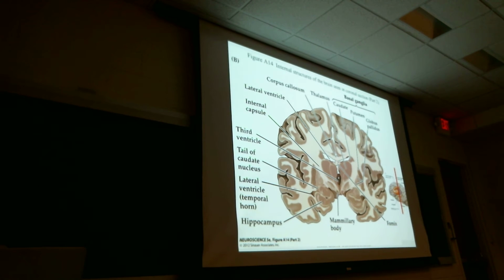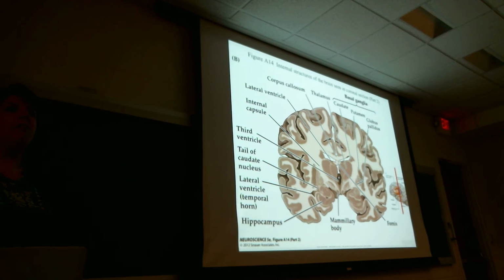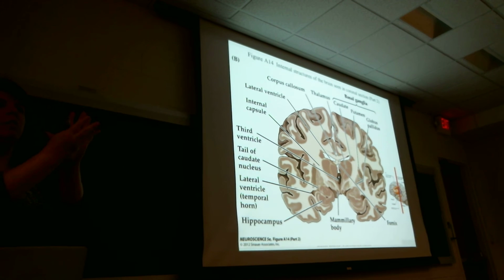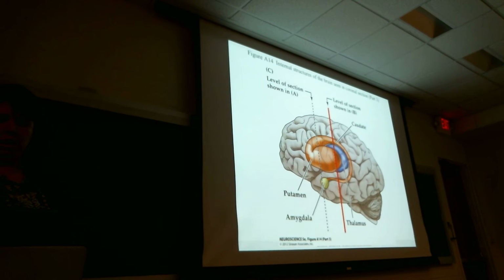The answer is it depends. It depends on how thick your section is. If you have a very thin section, it basically looks the same from the front to the back. If you have a very thick section, you might catch different structures on the front and the back. So that's a good question. It depends on how thick the structures are.